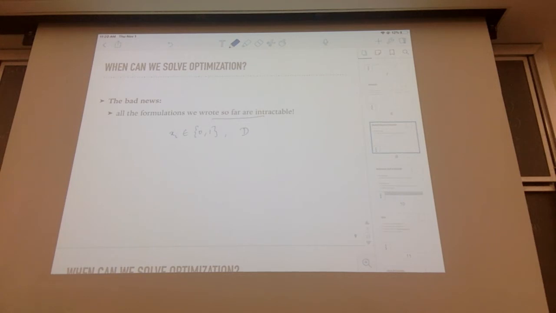This is called integer optimization, or discrete optimization, and it is generally quite hard. We will formalize this later in the course when we talk about intractability and so on. But roughly speaking, optimization over such discrete domains is quite hard.